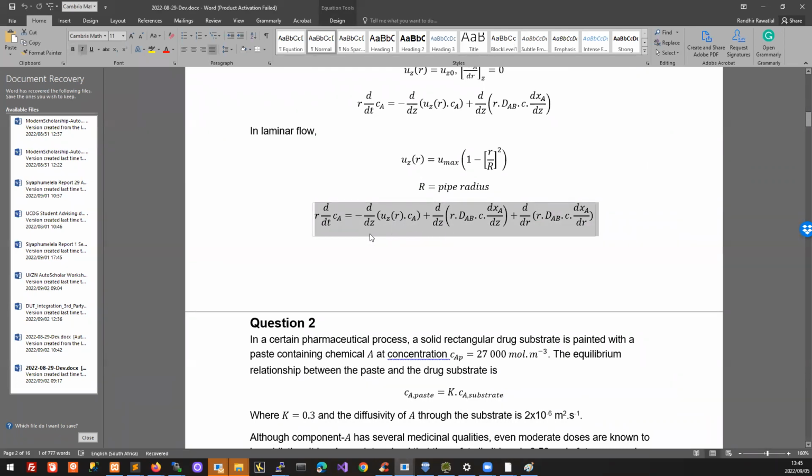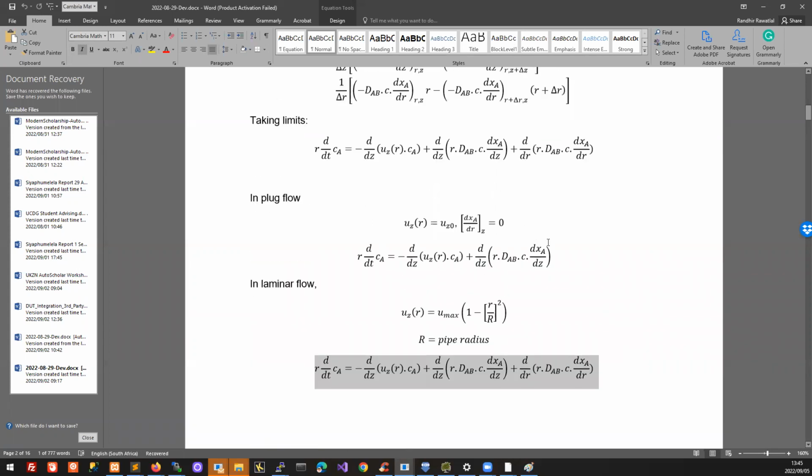We had the z direction, so we had d/dz of u_z C_A, and then we had d/dr. The d/dr part was a little different in that we needed to retain an r inside of the derivative. So it's not the same as with z. Z doesn't have a z times this, but with r, you have to have an r times this.